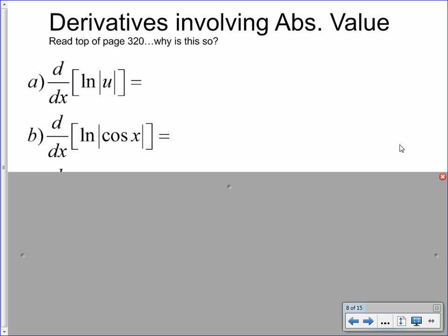So what would the derivative of this be? First of all, what's the derivative of natural log? 1 over what's inside times the derivative of the inside. Negative sine x. So you would tell me that the derivative is negative tangent x.